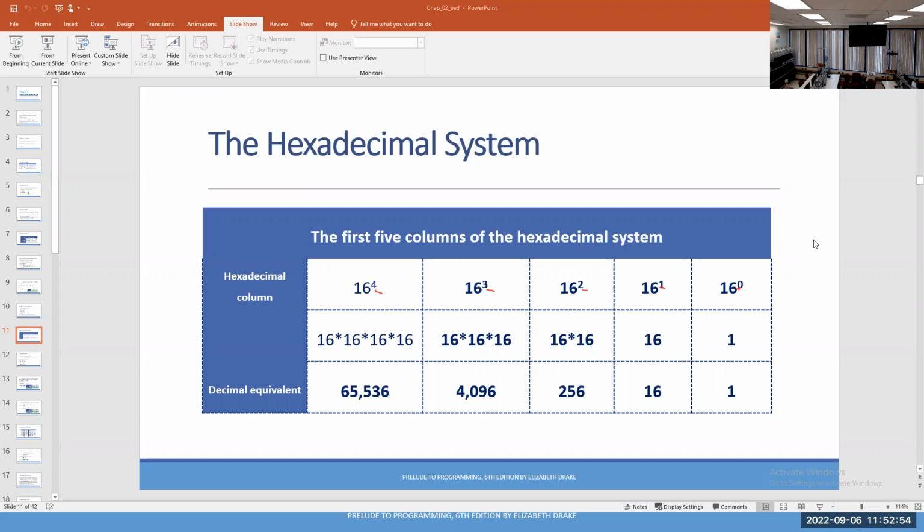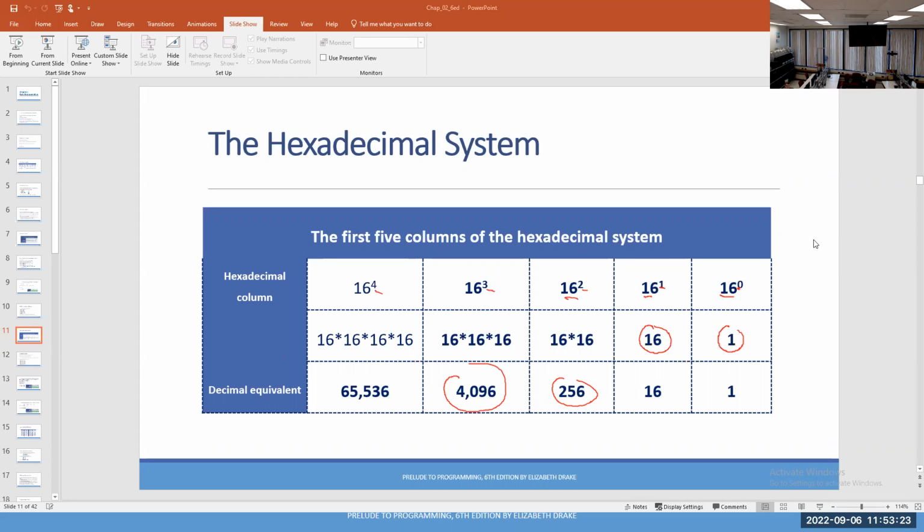Now, this hexadecimal is base 16, so the value of this column is 16 raised to the power of 0, this one 16 to the power of 1, this one 16 to the power of 2, and so on. The first column value is 1. This one is 16. 16 times 16, you have 256 here. And 16 times 16 times 16, you have 4096, and so on.